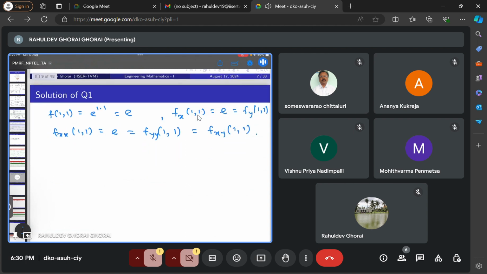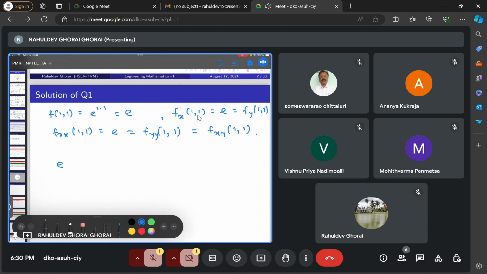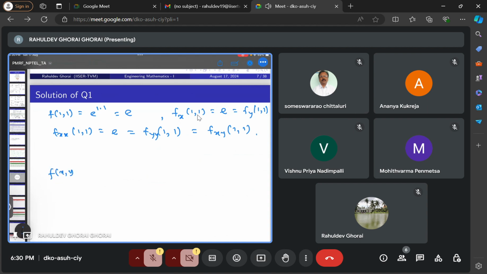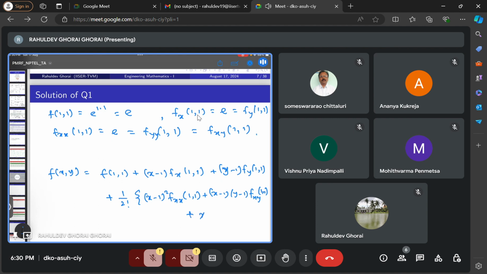Okay, so then what will be the answer? Your approximation is f of xy will be, first term will be f of 1, 1, plus x minus 1 times f_x at 1, 1, right, plus y minus 1 times f_y at 1, 1, plus 1 over 2 factorial times x minus 1 whole square f_xx at 1, 1, plus x minus 1 times y minus 1 times f_xy at 1, 1, plus y minus 1 whole square f_yy at 1, 1.